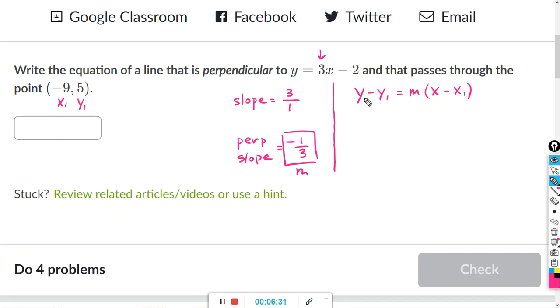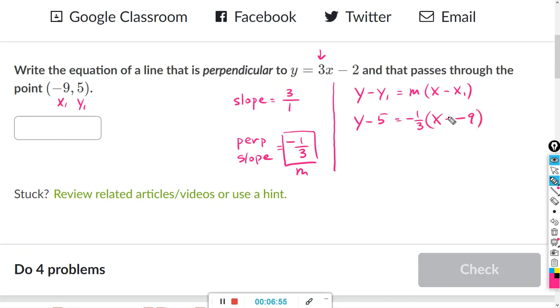Alright, so y minus y1, that's 5, equals m. We said that was -1/3 times x minus x1. x1 is -9.